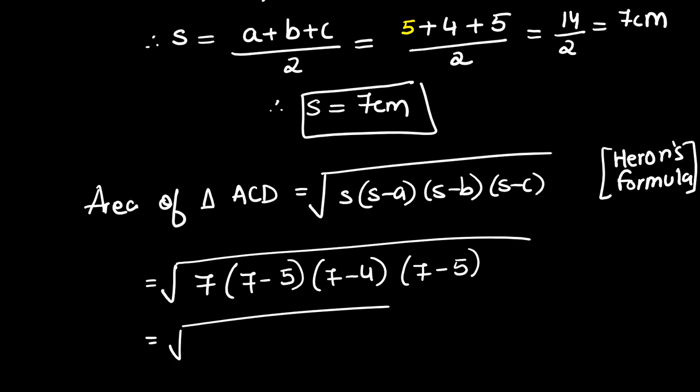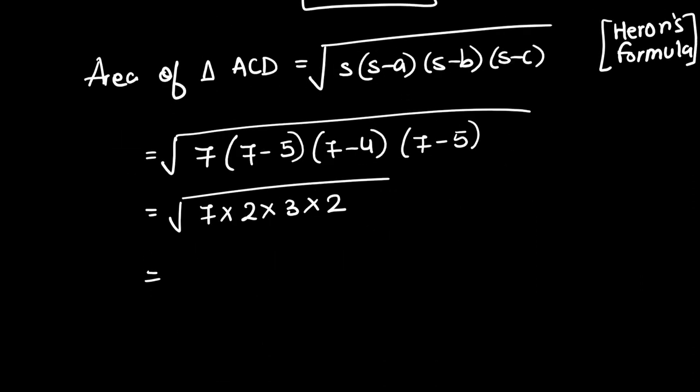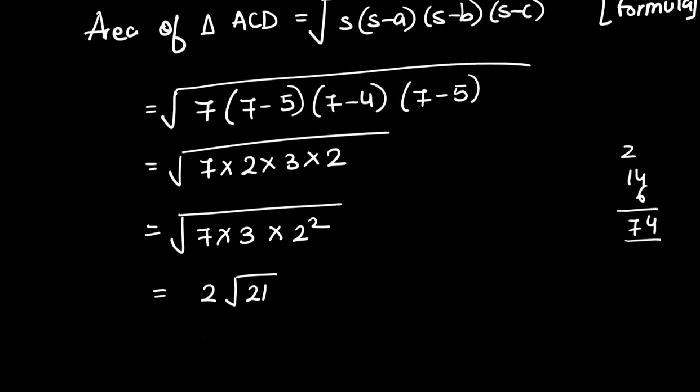So that is going to be 7 into 2 into 3 into 2, which is 84. As you can see, it is not going to be a perfect square. So there is no option but to take 7, 3 and 2 square. So it will be 2 under root of 21. So we'll keep it like that. And if the value of root 21 is given, then you can apply it, otherwise centimeter square.